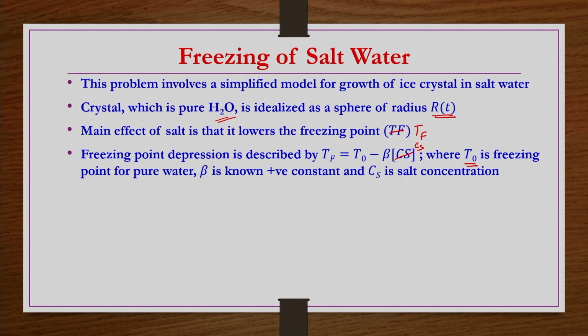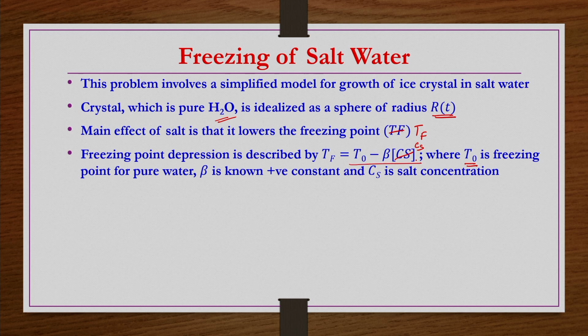But this crystallization or growth of ice crystal, you wanted to do a little rapidly faster. So rather than crystallizing in pure water, you do it in salt water. By using that salt water, this freezing point will decrease, and the depression in freezing point is given by this expression.